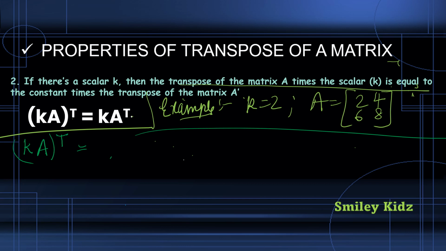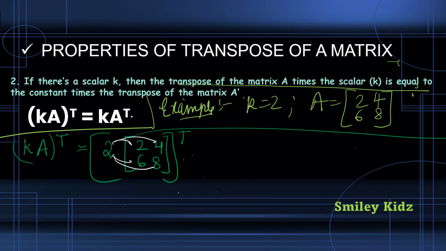That will give me 2 times [2, 4, 6, 8] whole transpose. That means first I'm going to multiply 2 with each element, and then whatever matrix I obtain, I'm going to transpose it.